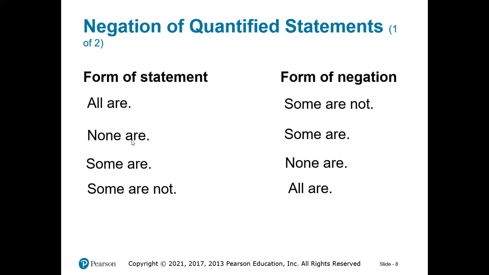The negation of none are: whenever you have a statement that has none are, and you are asked to do the negation of it, you should say some are. The negation of some are becomes none are. And when you negate some are not, it becomes all are.